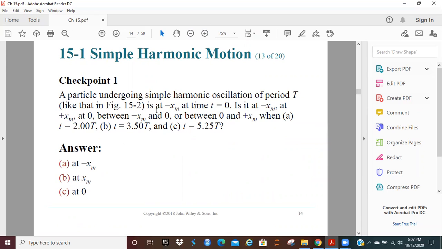So if it starts out at minus x sub m at time equal to 0, then if you go out twice the period, you're still going to be at that same particular spot.